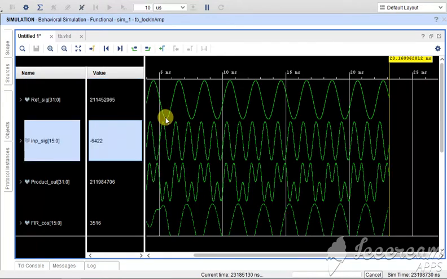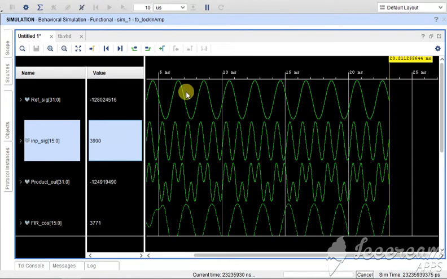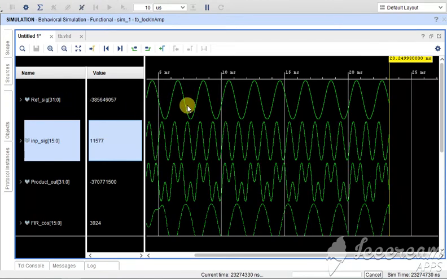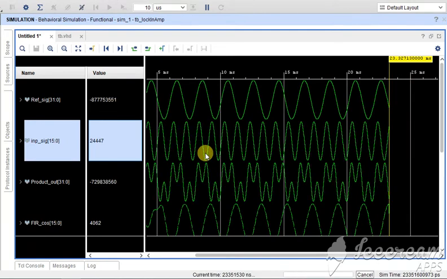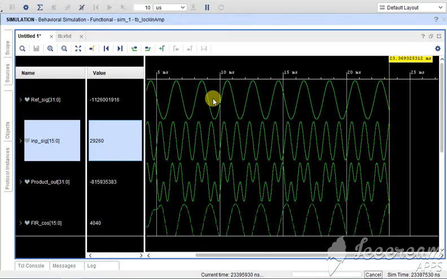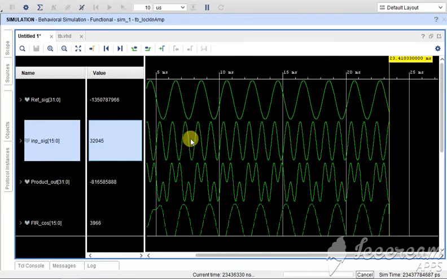You can see that for the time period in which one waveform of the reference signal is completed, two waveforms are completed in that same time period for the input signal. This is our 2 kilohertz signal, and this is our 1 kilohertz signal. This is the product of these two signals.